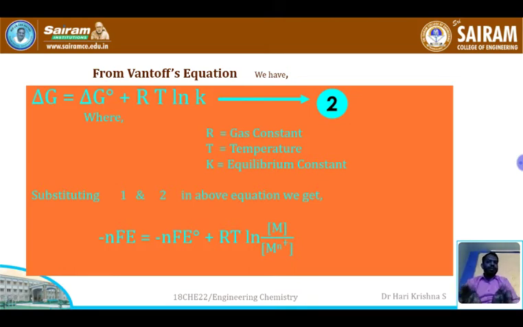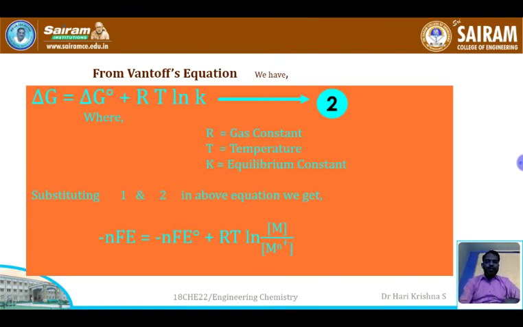What do we want? We want E, the electrode potential, on the left hand side, related to the concentration of the metal species on the right hand side. Both we have. But we also have the extra factor minus nF on both sides, and we are supposed to remove it.